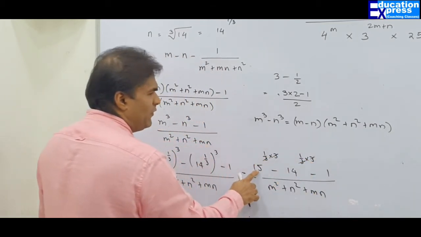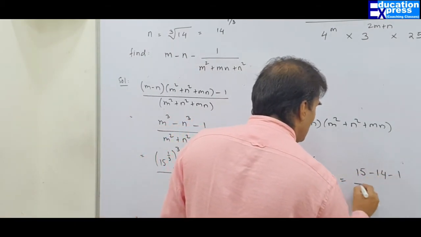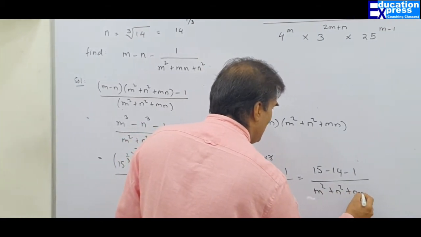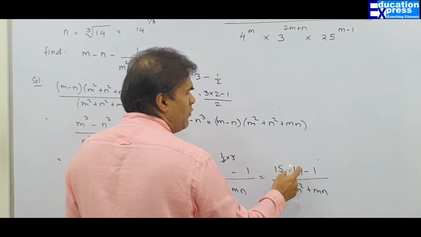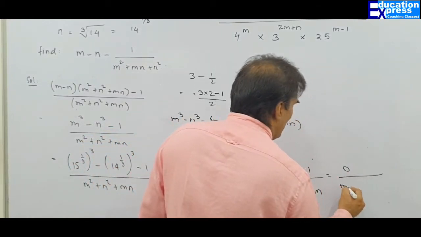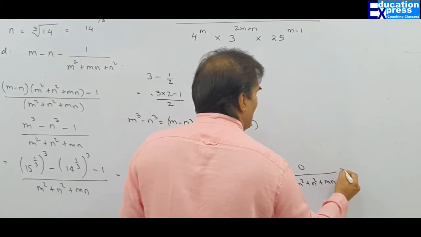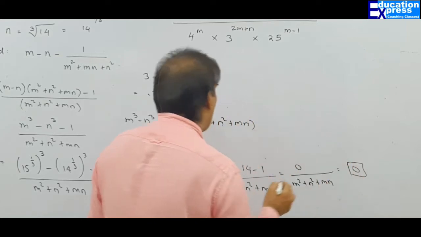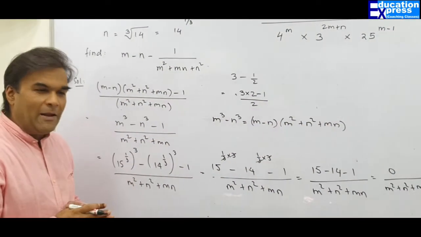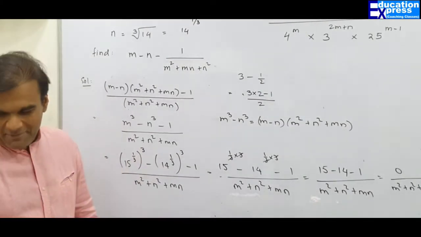So my dear friends, 15 minus 14 minus 1 upon m square plus n square plus mn. 15 minus 14 is 1, 1 minus 1 is 0. And you all know the universal law that 0 upon anything is going to be 0. That's how, by solving these questions, you all can put the impression of a hero. Very simple question, my dear friends.